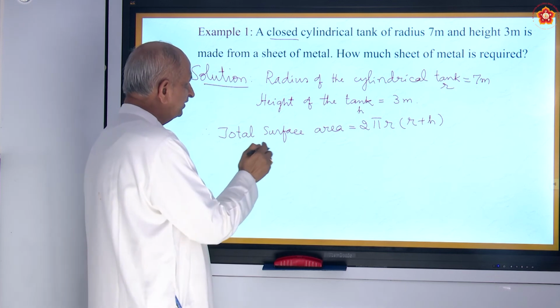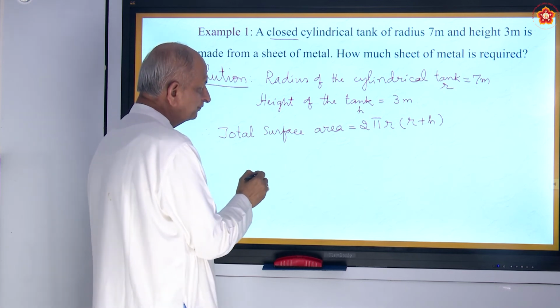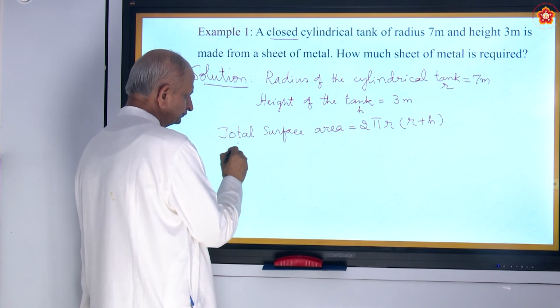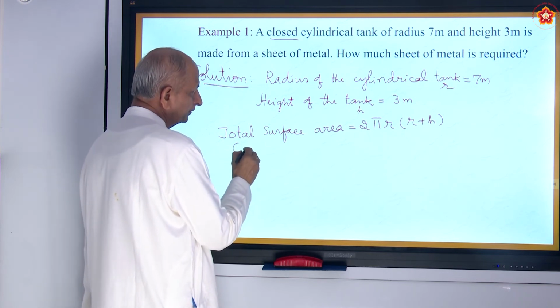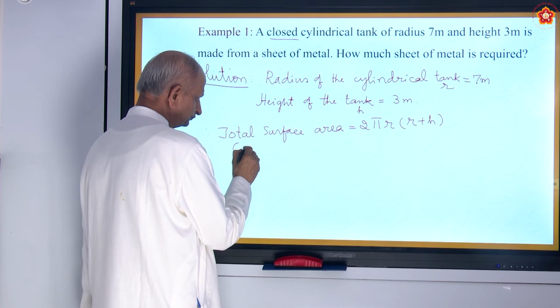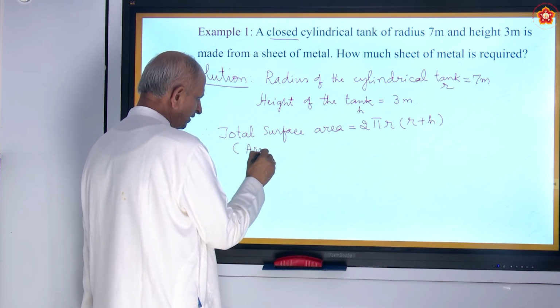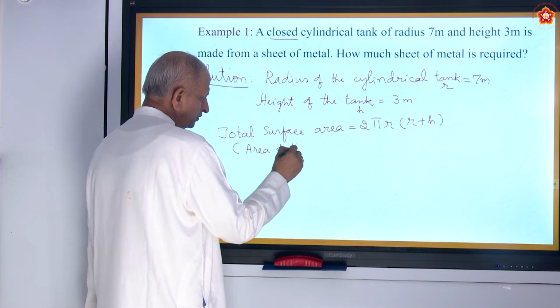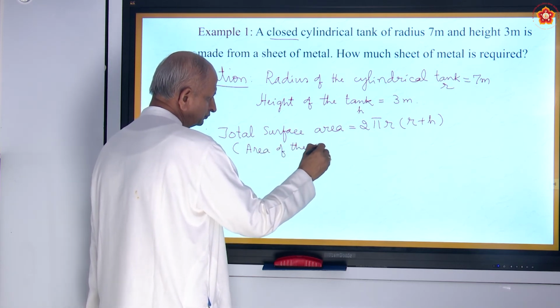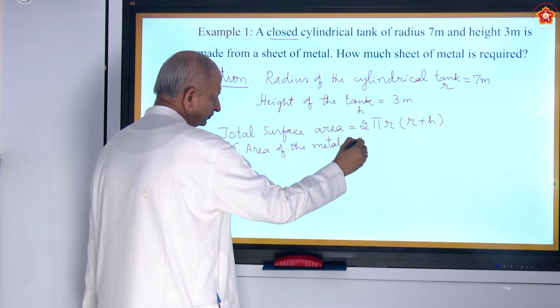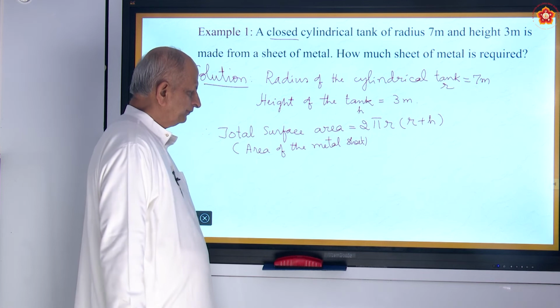So total surface area is nothing but the area of the metal sheet. Both are the same.